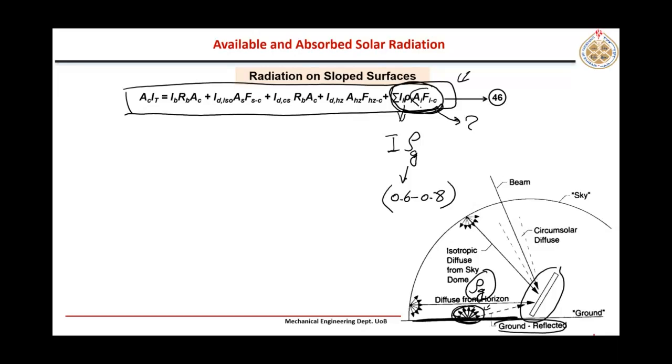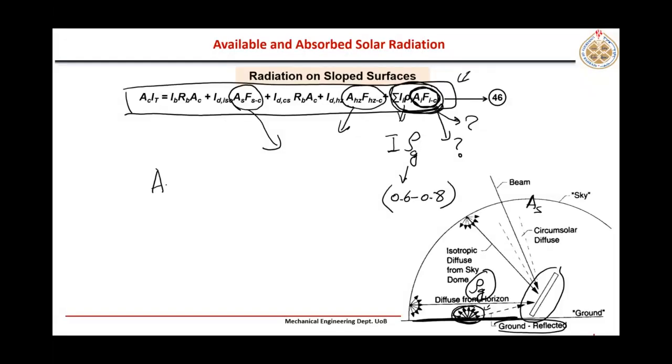But now what about this term? This is very difficult. Here we see this term is the area of the ground surface multiplied by the view factor from ground to collector. Similarly here, this one, area of horizon and view factor from horizon to collector. And here again, area of sky and view factor from sky to collector. Now we just saw that equation, so we can apply it to these three.